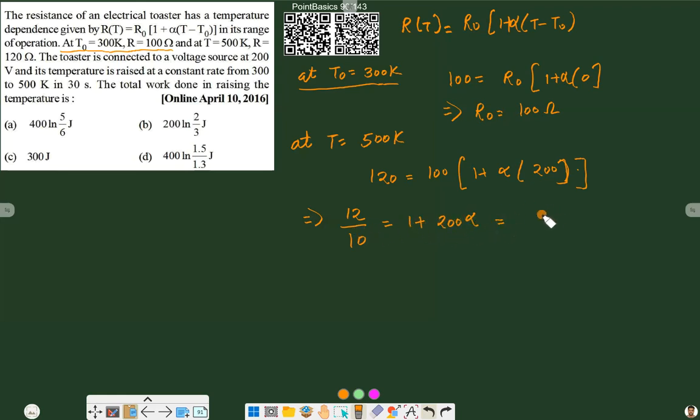Further solving gives us 2 by 10 is equal to 200 alpha, and alpha will be 10 raised to power minus 3.